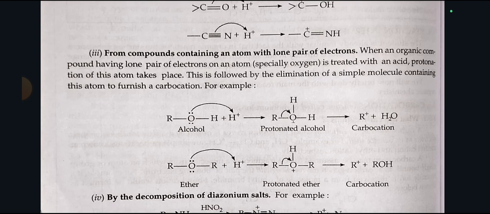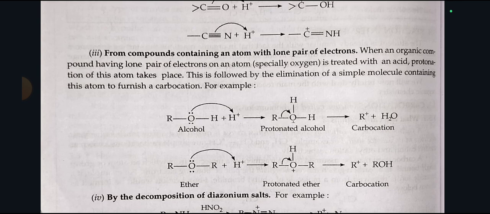Third, from compounds containing an atom with a lone pair of electrons. When an organic compound having a lone pair of electrons on an atom, especially oxygen, is treated with an acid, protonation of this atom takes place. This is followed by the elimination of a simple molecule containing this atom to furnish a carbocation.